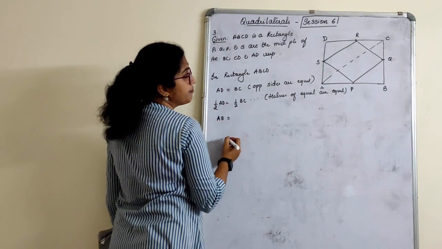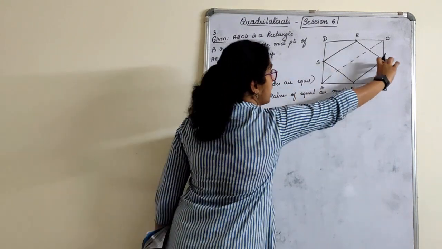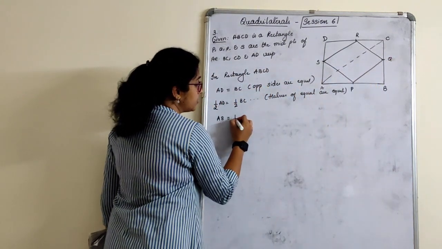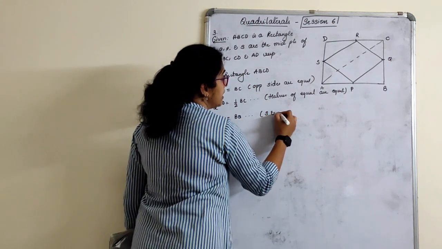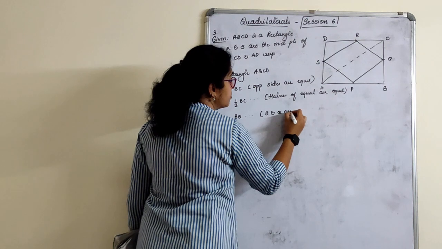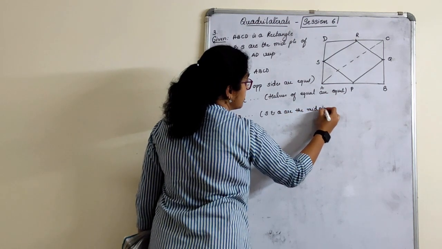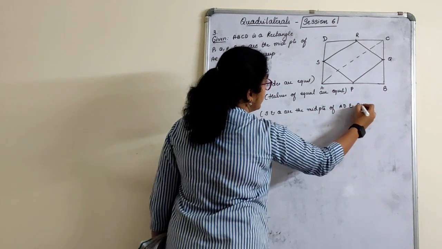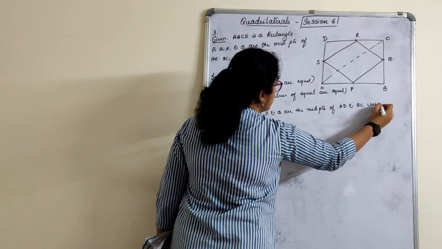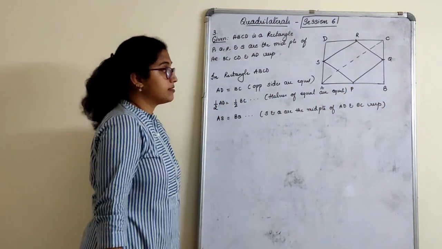What is half of BC? It is either CQ or BQ. Since I have chosen this, I will choose BQ. You can also mention S and Q are the midpoints of AD and BC respectively. AS is equal to BQ. Keep this as it is.